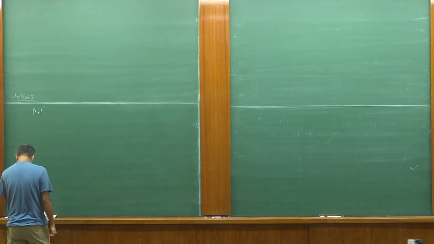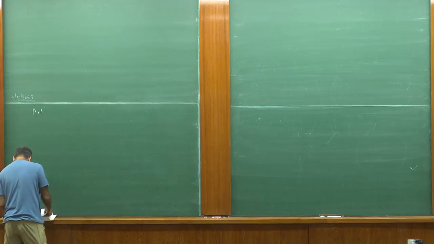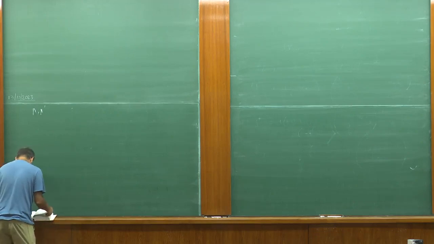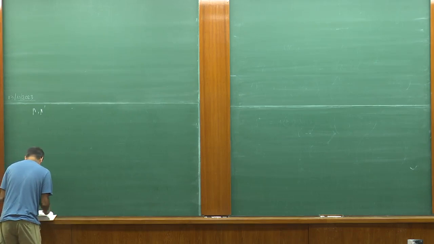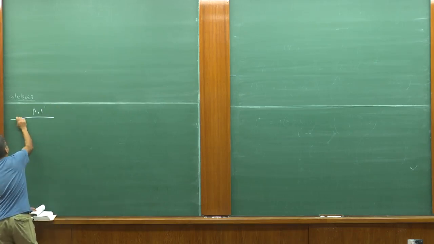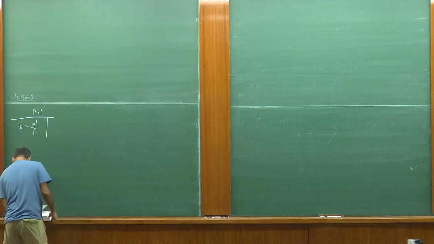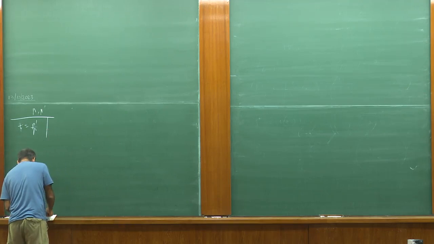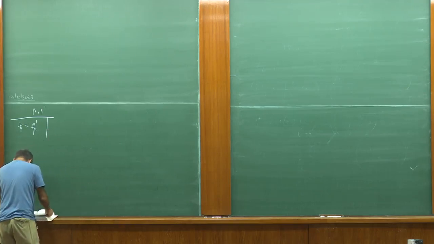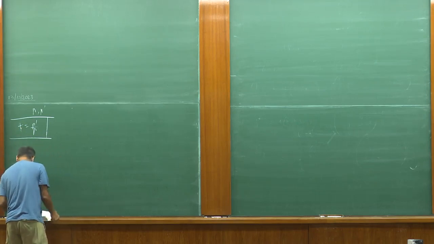Let's see, so H was given in terms of this thing in this form, and I think T was equal to P prime by P, and we have the usual formulas for C, the central charge, in terms of this T, if we need it.